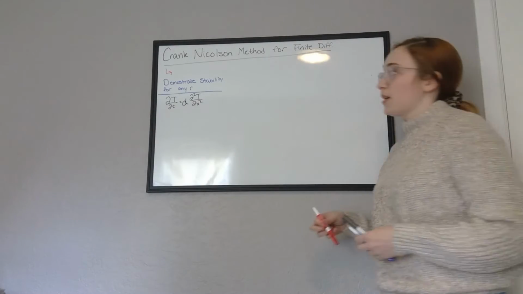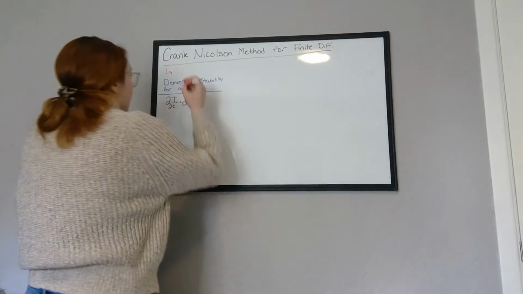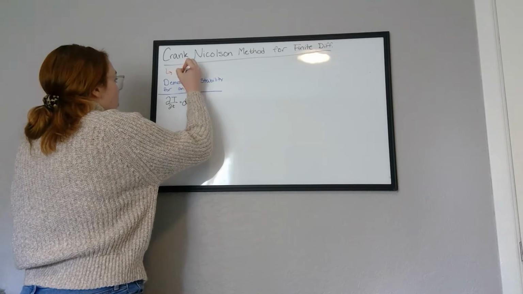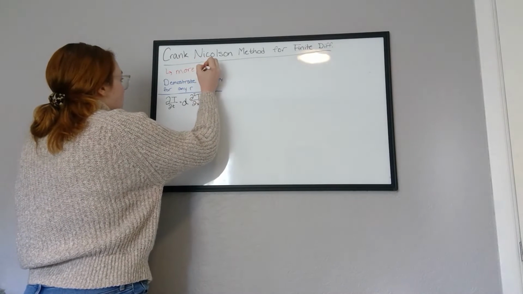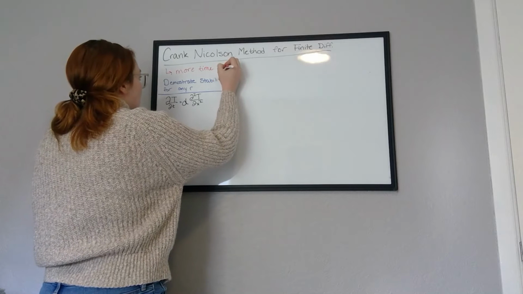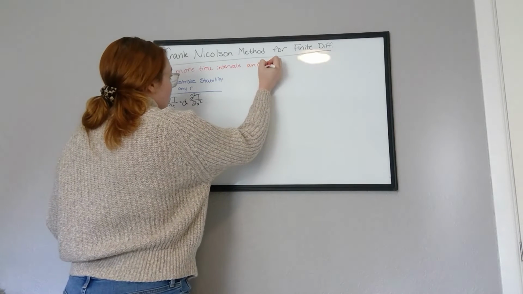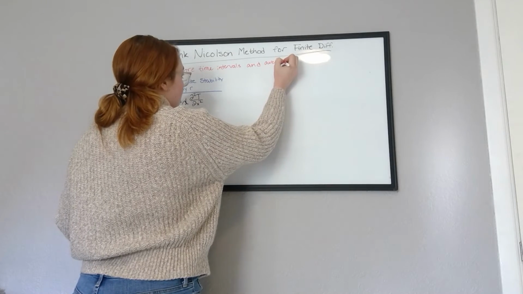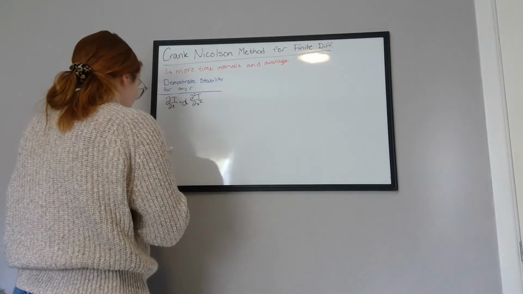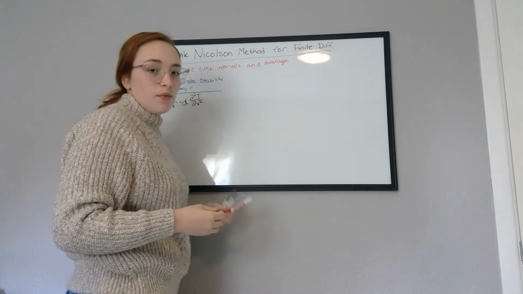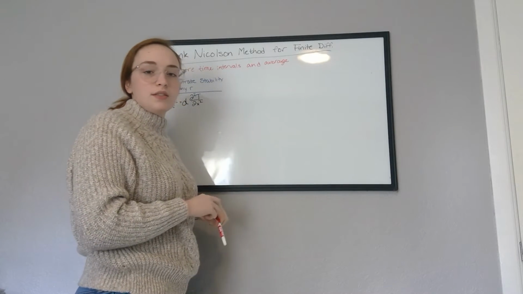The Nicolson method is a little different because you take more time intervals and average them. So it will be very similar to the math we've done before with just a couple of slight changes.